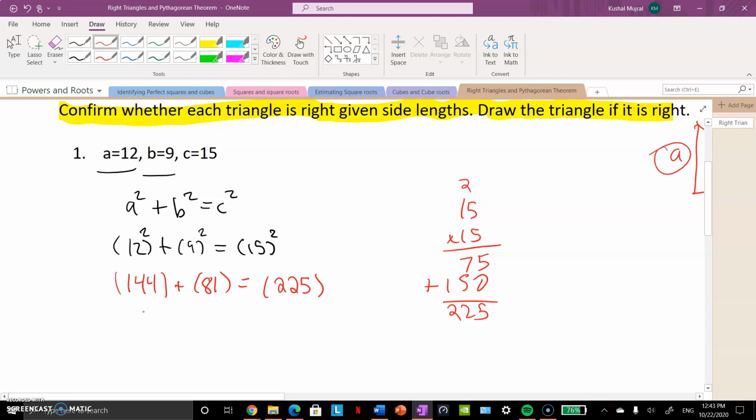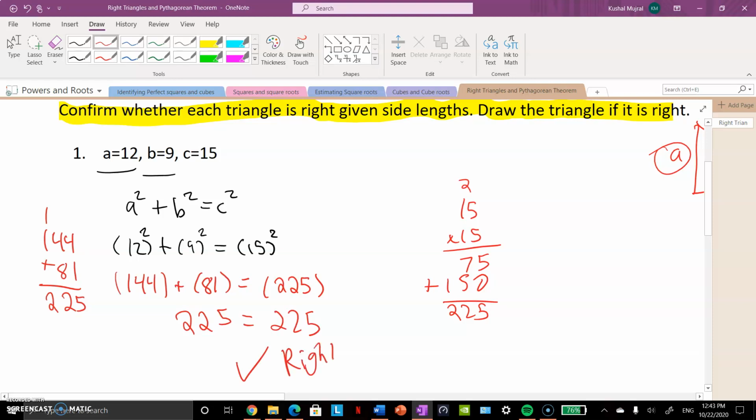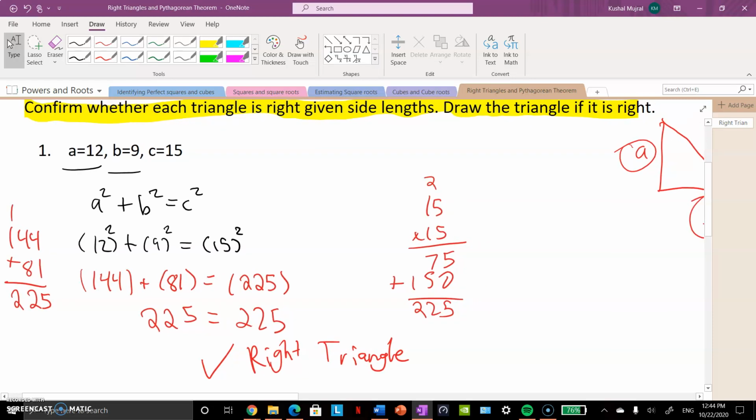So 144 plus 81, let's take a look: 225. So 225 equals 225. So that means this is a right triangle. Okay, so you're going to write right triangle. Then you will draw the triangle, okay?